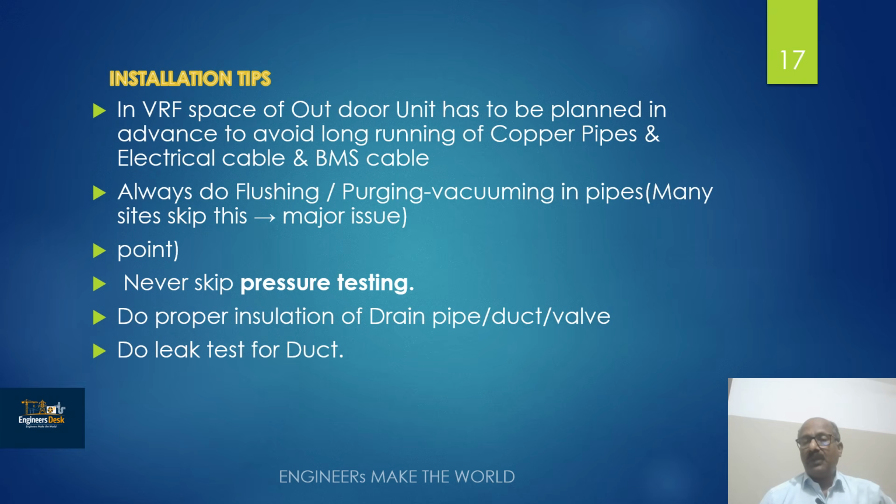It is most important to maintain the welding joints properly and ensure that there is no leakage or breakage on the pipelines. Do proper installation of drain pipe, duct, valve and everything. Do a leak test of the duct. How to do the leak test of the duct? We can do a light test or smoke test as a simple method.